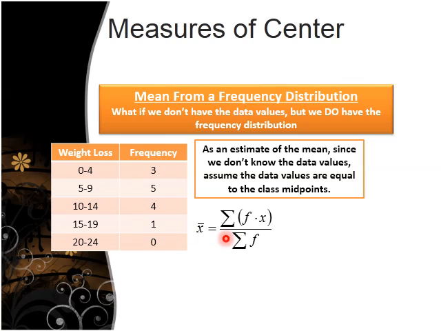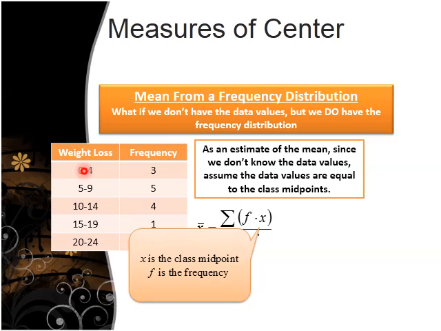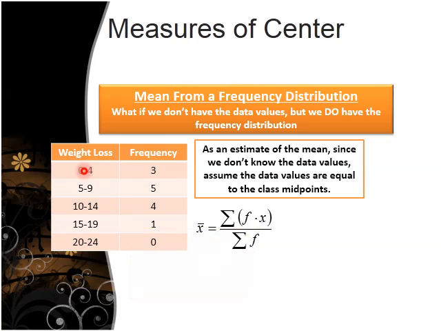So my mean will be calculated by multiplying the frequencies times the class midpoints. In this case, x will represent the class midpoint and f will represent the frequency. So again, you only use this formula if you don't have the original data, all you have is the frequency distribution.